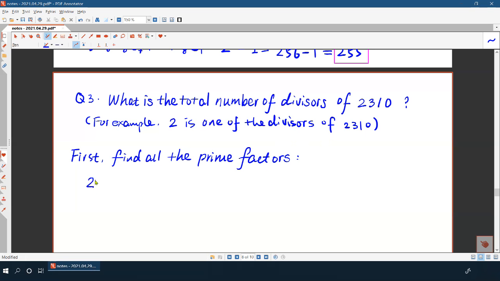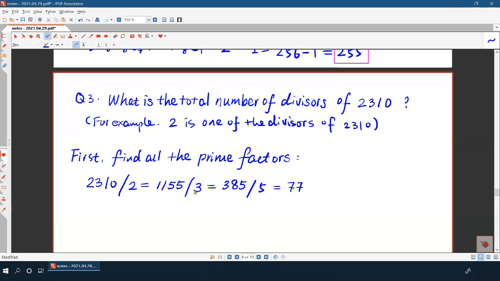So note that 2310 can be divisible by 2, which is 1155. Then we try 2. 1155, of course, cannot be divisible by 2, but can be divisible by 3, right? And the result is 385. Again, 385 cannot be divided by 2 or 3 again, but it can be divisible by 5, which leaves us 77.